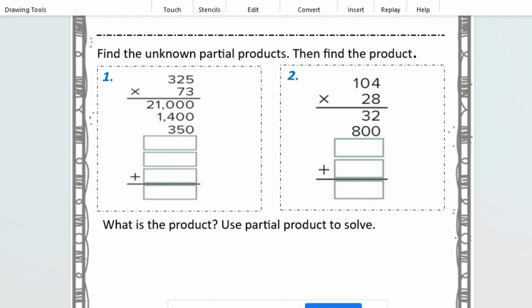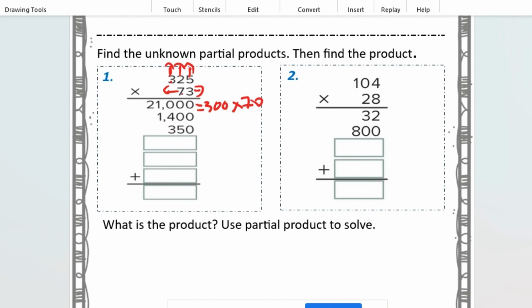By place value, this is 300, this is 20, and this is 5. This is 70, this is 3. So how did the 21,000 come from? 21,000 is 300 times 70, this number times this number.